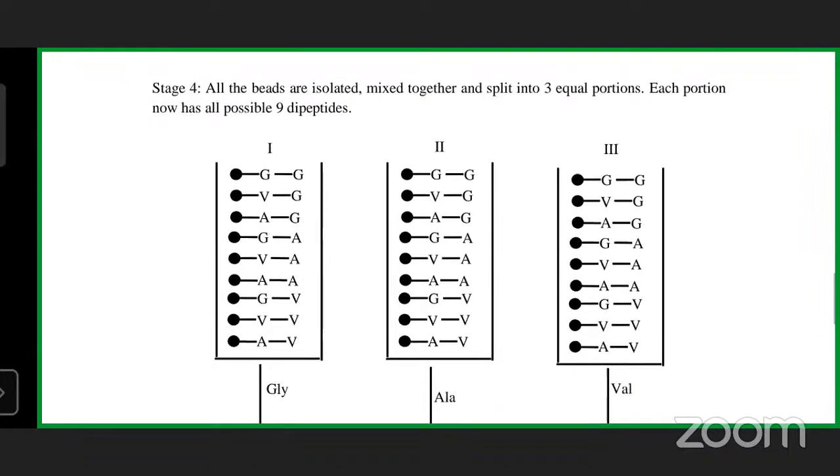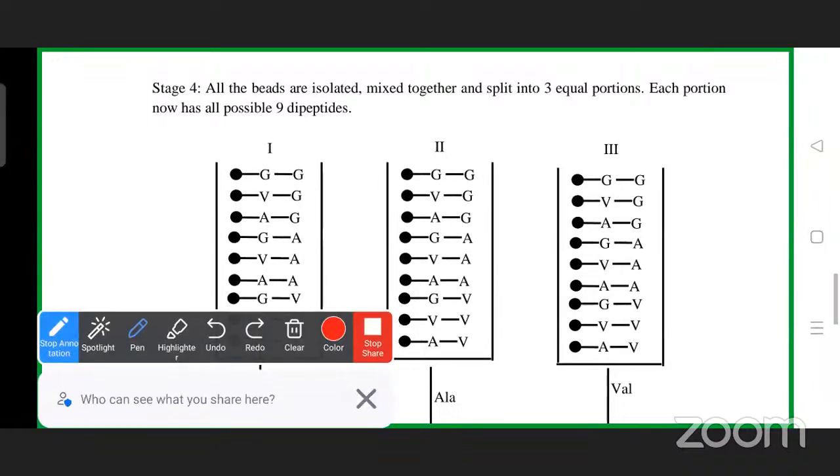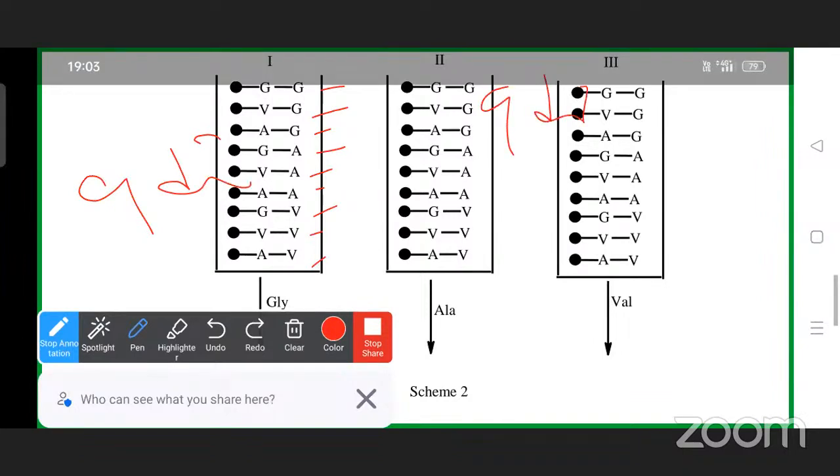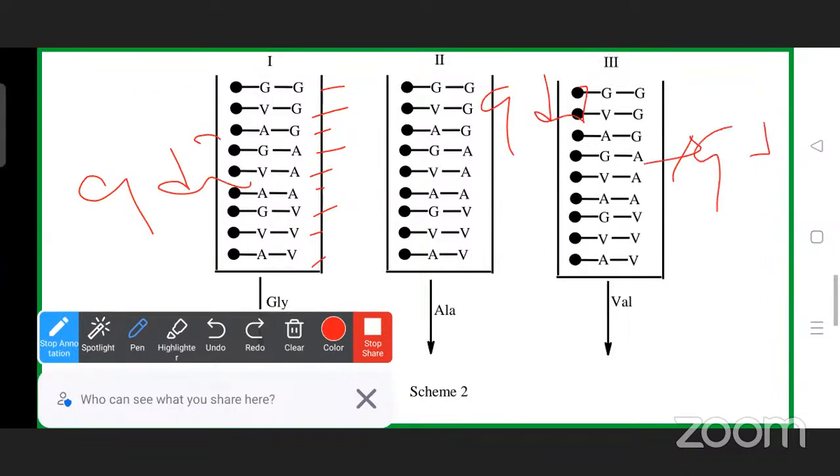Then each reaction vessel contains 9 dipeptides. You can see here 1, 2, 3, 4, 5, 6, 7, 8, 9. This is also having 9 dipeptides, and this is also having 9 dipeptides. Total 27 dipeptides are present in your 3 reaction vessels here.